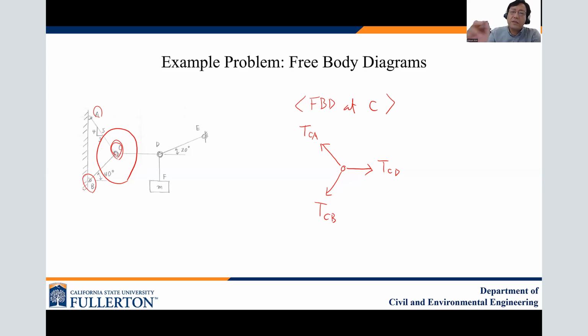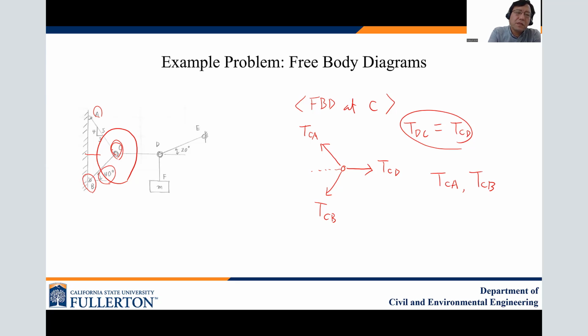And then from the previous procedure, we know that T_DC, so actually T_CD is the same. That's the reason your unknowns are only T_CA and T_CB. And then there's some missing part because you need to know the angles. This one has a 40 degree angle over here, right?